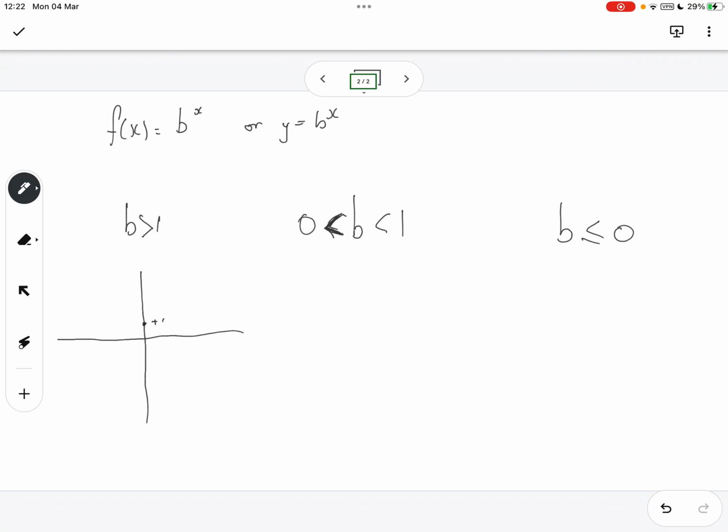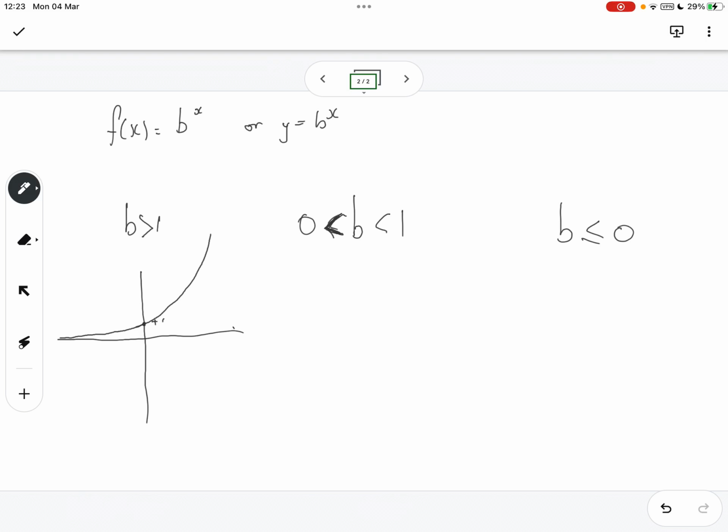Okay, cool. So for the first instance, our graph looks like this. It intercepts at y equals 1 and rises exponentially for values of x that are positive.